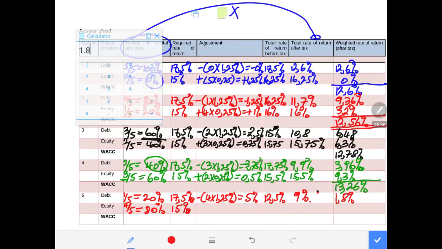Then we go to the second part, which is equity. Equity, we have 4 out of 5, meaning there is 300,000 rands that is funded through equity. Therefore, now the question is, how many of the 75,000 are borrowed from the bank? Remember, that is the secret. How many of the 75,000 are borrowed from the bank? There's one only.